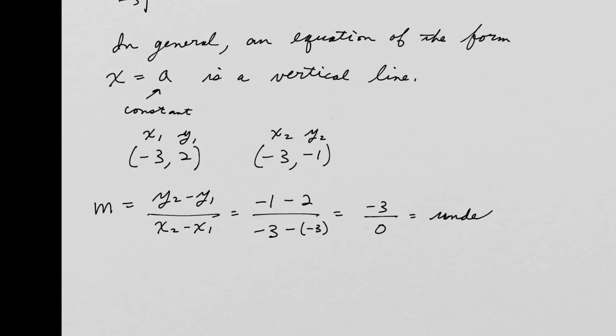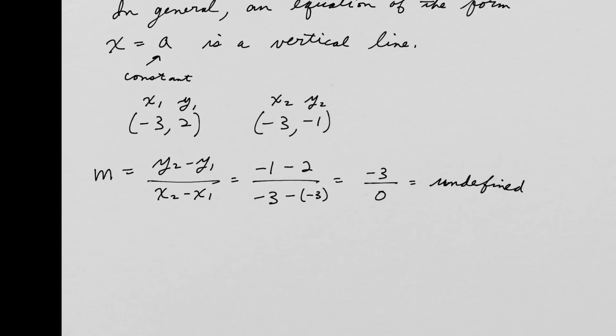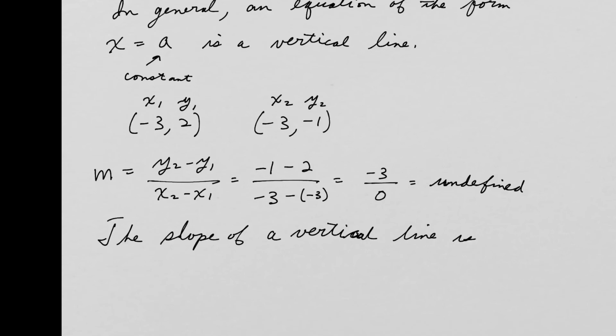Remember, you can't divide by 0 in mathematics, so we say it's undefined. Some people will say it's infinite, but really the best answer is it's not defined or undefined. So what we're saying is that the slope of a vertical line is always undefined.